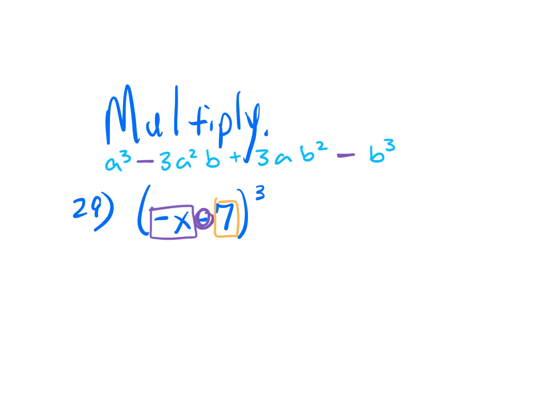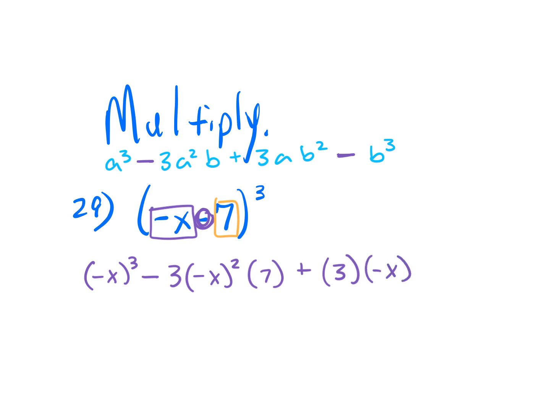So now let's plug in what we have. So I have negative x cubed minus 3 times negative x squared times 7 plus 3 times negative x times 7 squared minus 7 cubed.